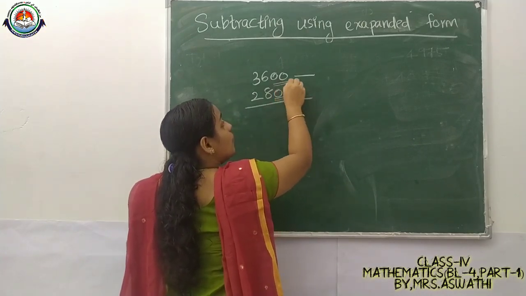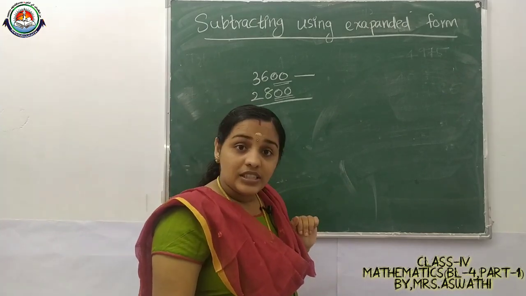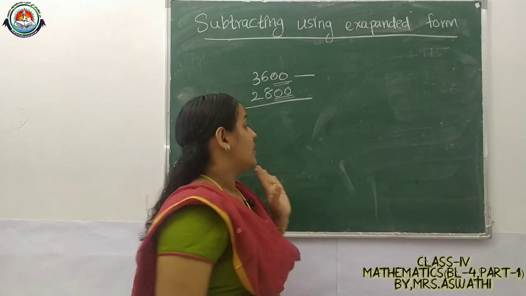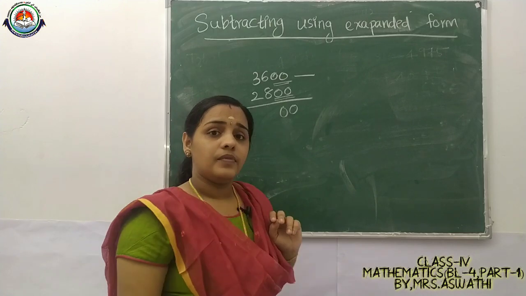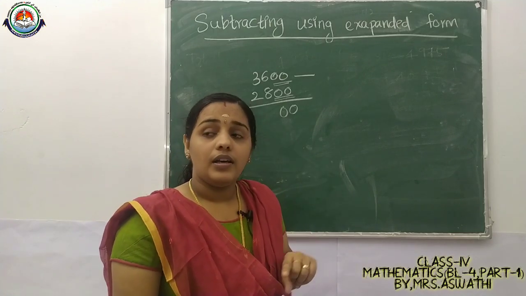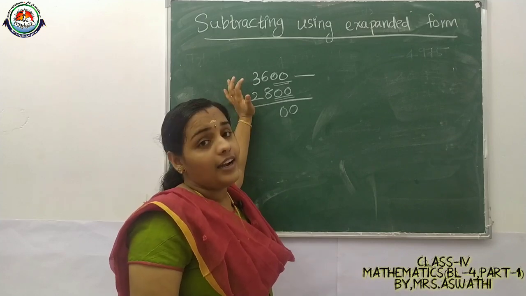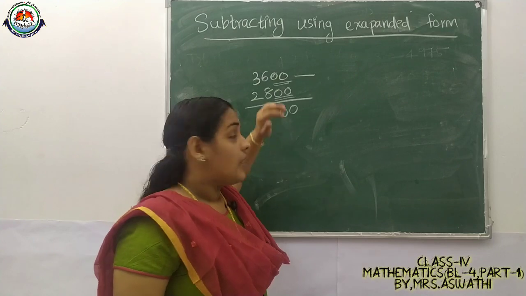So we have zeros in the ones and tens place. Now we find the digits of the 1000 and 100 places. Now we can do this mentally.